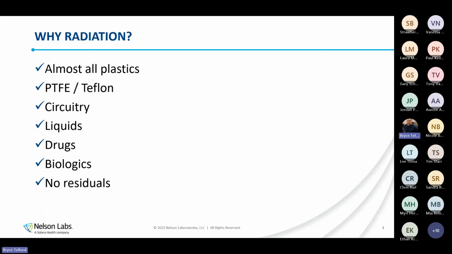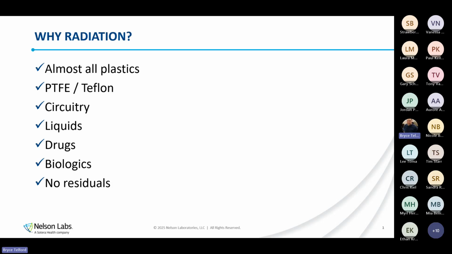So one of the things that you need to consider is all sterilization has advantages and disadvantages. So one of the questions that I like to ask is, what is the best sterilization method? Well, of course, I'm biased towards talking about radiation, but the reality in practice tends to be steam or moist heat sterilization, because generally speaking, it's very quick, it's affordable, there's really no residuals left behind.